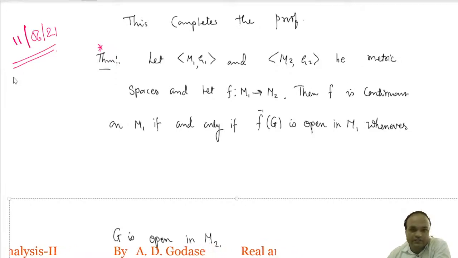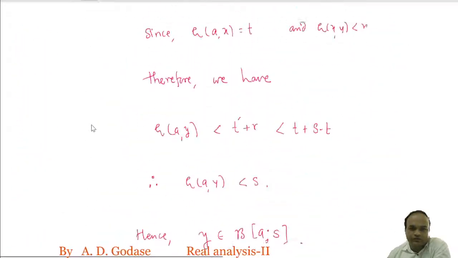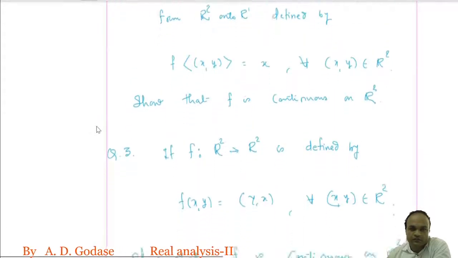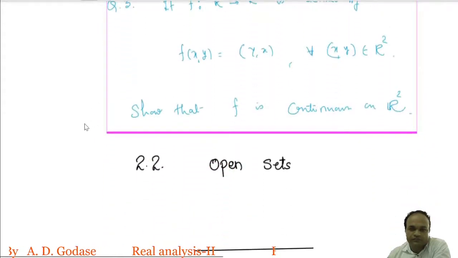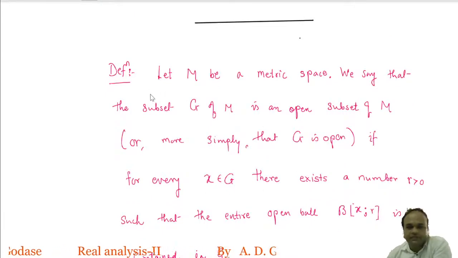So in the previous lecture, just to revise it: first we defined open sets. What is the definition of an open set? Let M be a metric space.